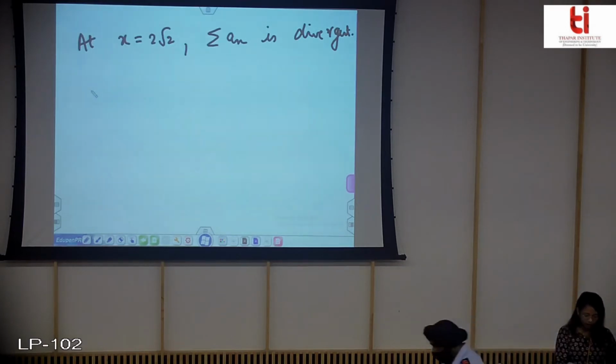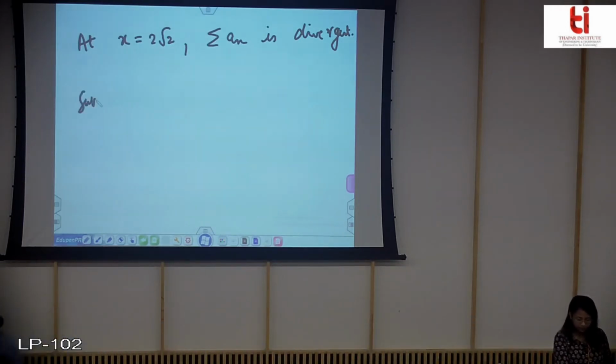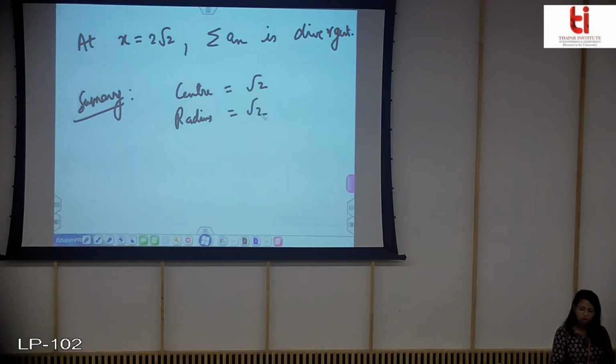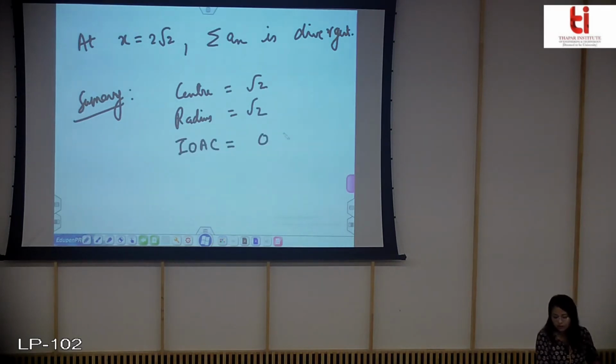So I will write out the final summary. You have already found out the center was equal to root 2, the radius of convergence was equal to root 2, and the interval of absolute convergence will be the same.